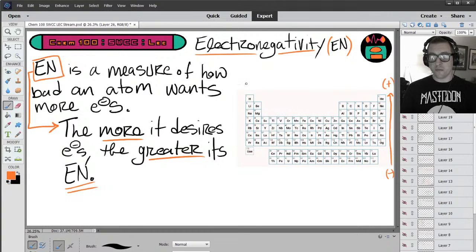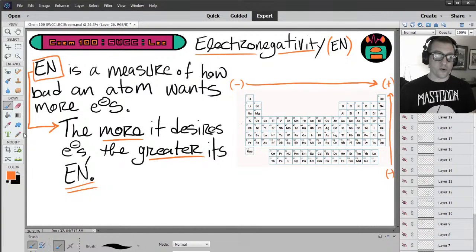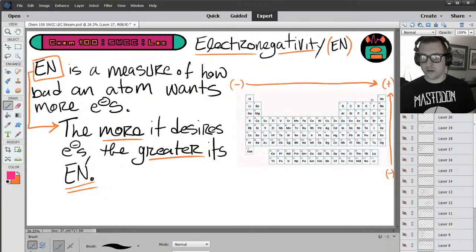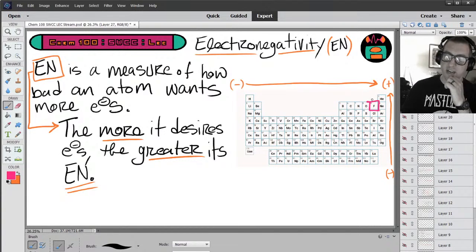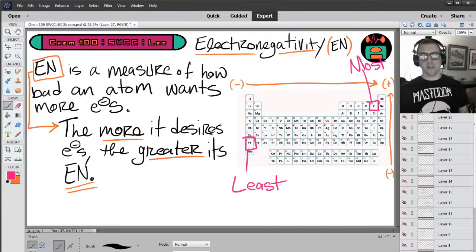And as you move from the left to the right, electronegativity also increases. All right. So the most electronegative are going to be right up in here on the top right. The least electronegative are going to be on the bottom left. All right.